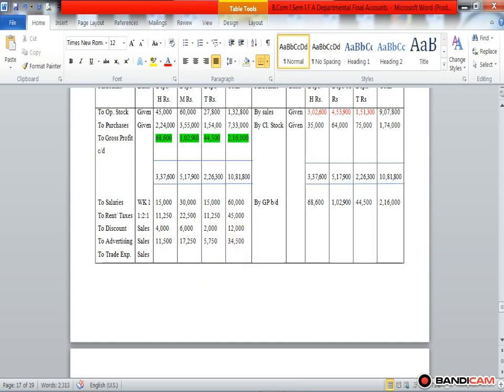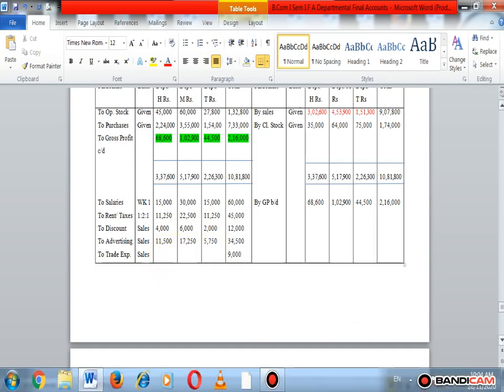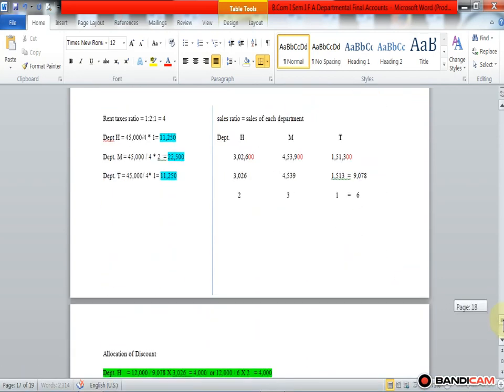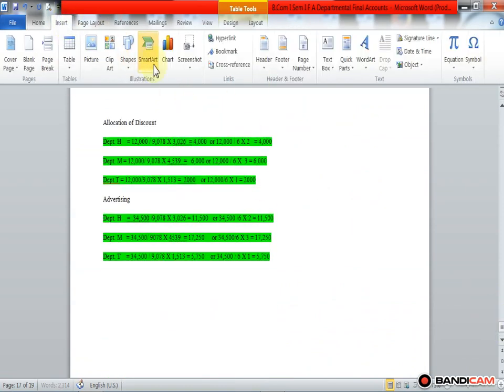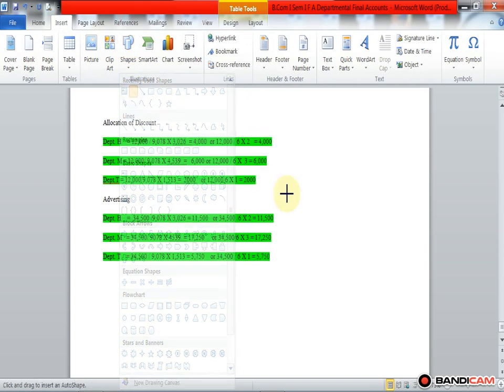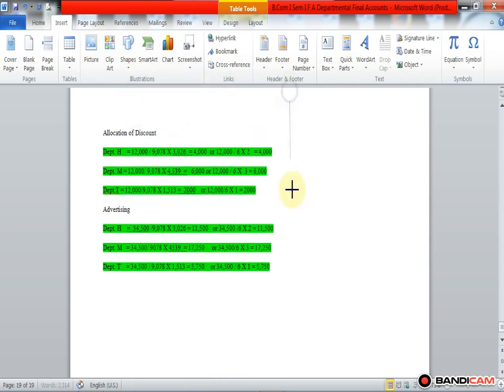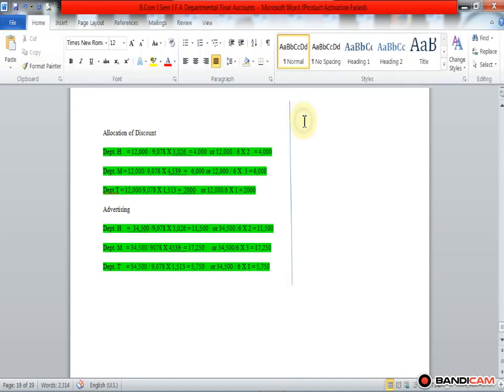Total amount is 9,000. So this 9,000 is distributed between Department H, Department M and Department T. So calculate the allocation of trade expenses.